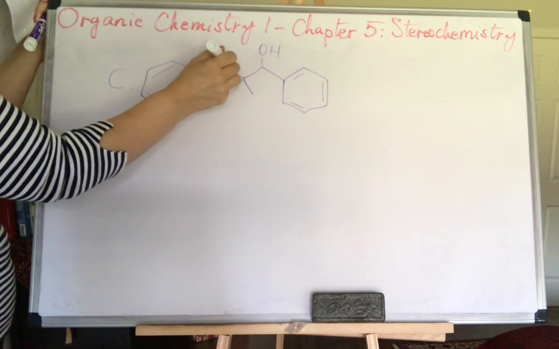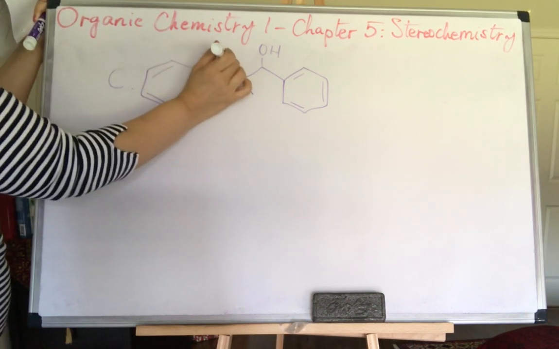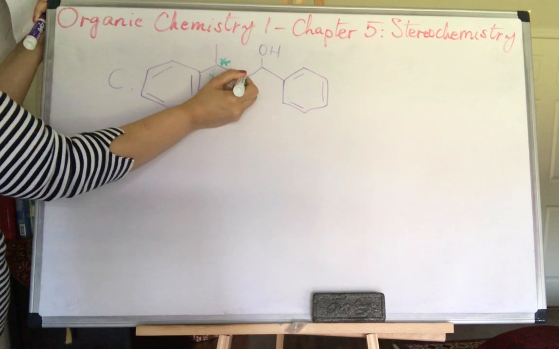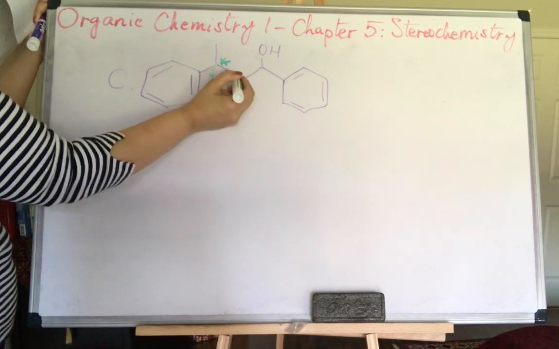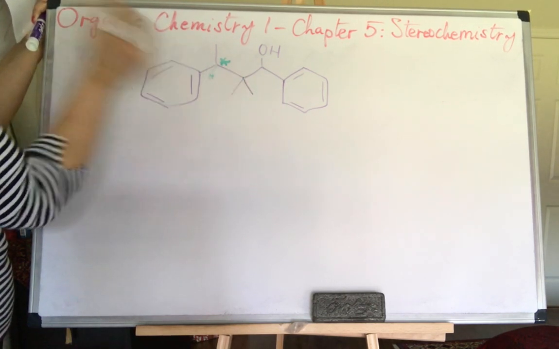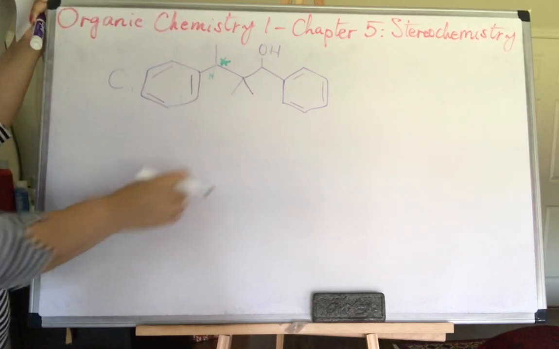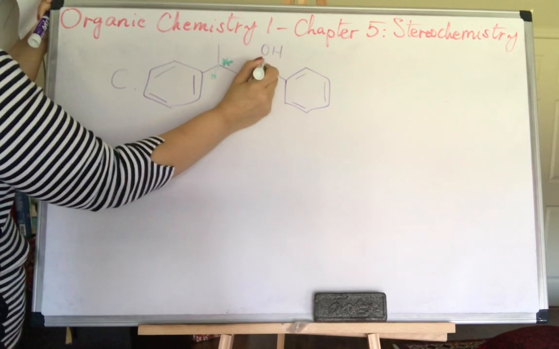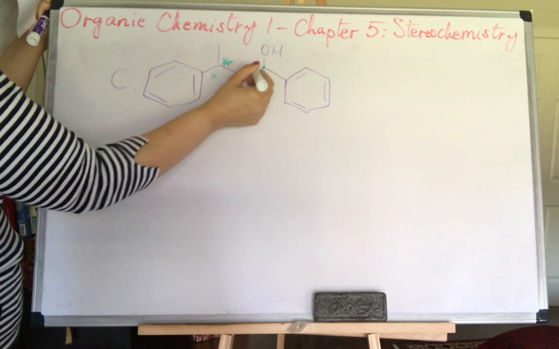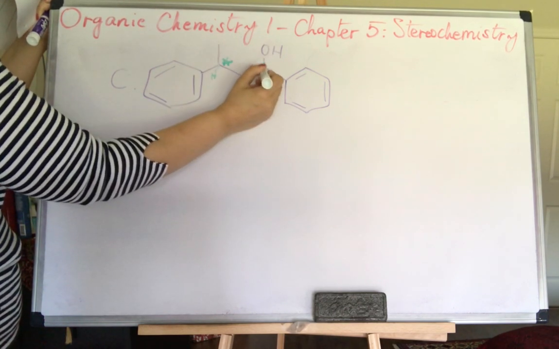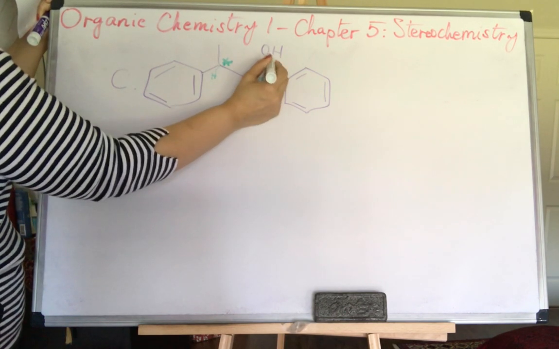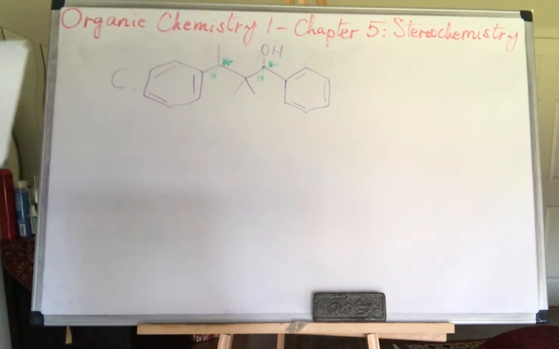So this is my first stereogenic center. This carbon is connected to this group and 2 similar CH3 groups. So it's not a stereogenic center. This carbon is connected to this side of the molecule, an OH group, and the 4th one is a hydrogen. So this is my second stereogenic center.